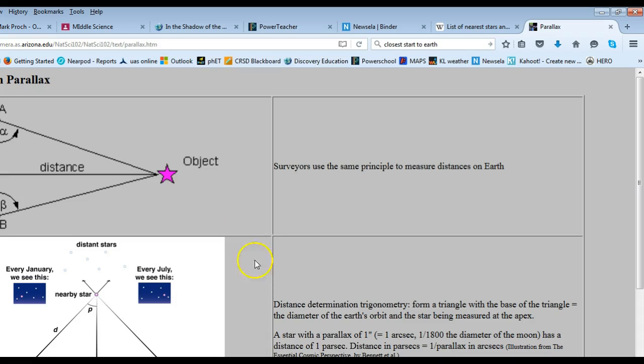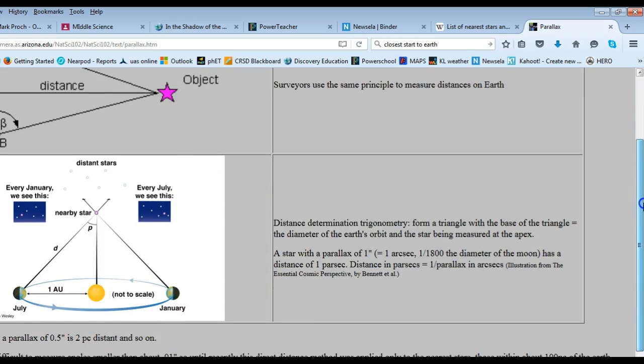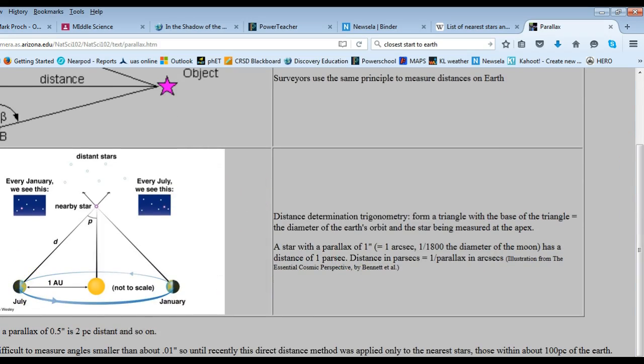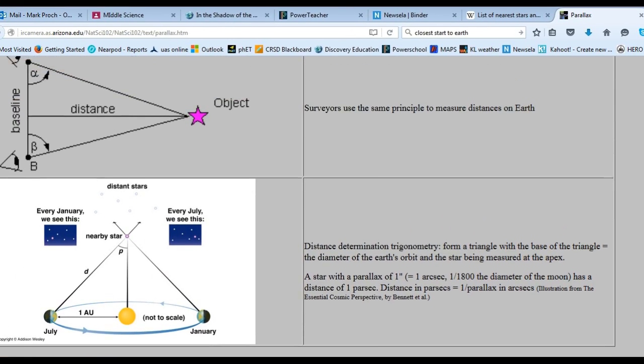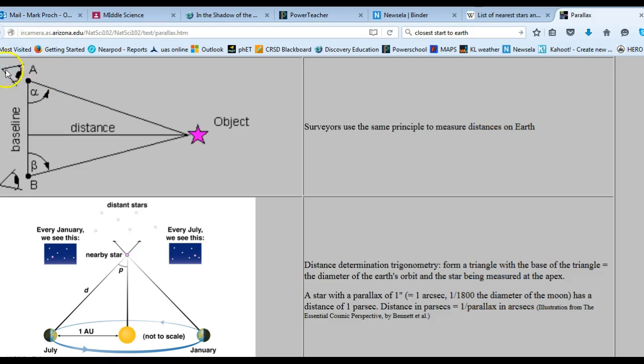Okay, so let's get off of this. And then we go here. Okay, here is the idea of parallax. Let me move this over a little bit. So the top part here, we know if we stood somewhere and we looked at something this far away, we wouldn't know how far away it is.